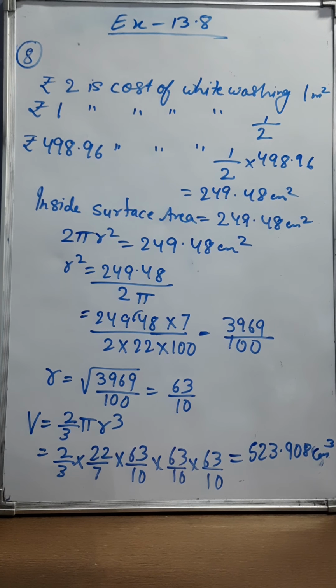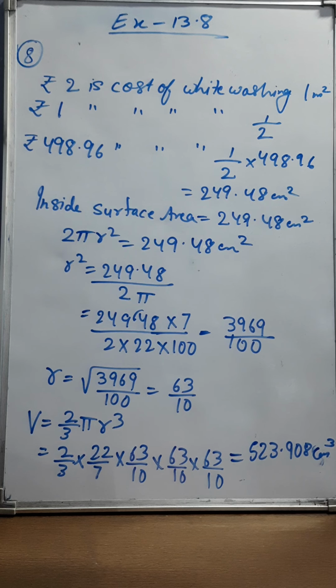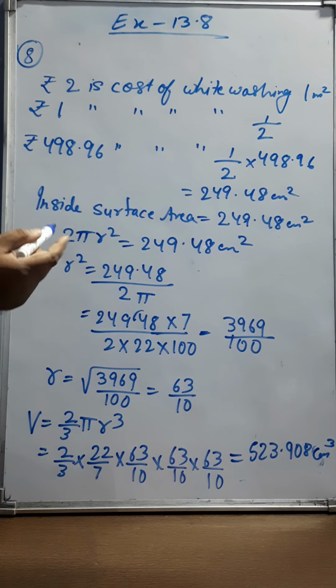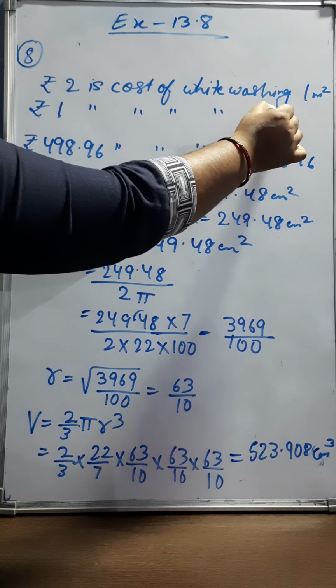Question number 8 says, a dome of a building is in the form of hemisphere. From inside it is whitewashed at the cost of rupees 498.96. If the cost of whitewashing is rupees 2 per square meter, find the inside surface area and volume of air inside the dome. So here, since rupees 2 is the cost of whitewashing 1 meter square, clearly rupees 1 is the cost of whitewashing 1 by 2 meter square.